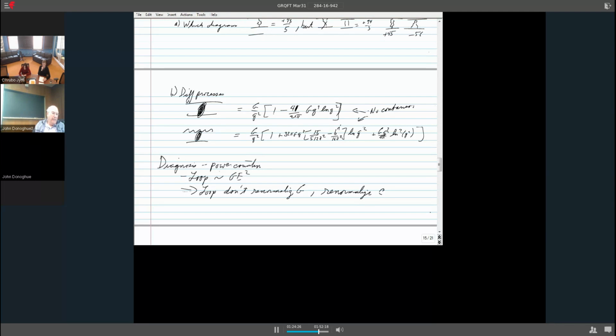It was 15 over 5, 12 pi squared minus this BI over 16 pi squared log Q squared. And there was also a log squared piece, G Q squared over 4 pi log squared Q squared.